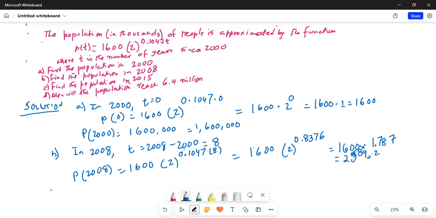So the population in 2008 is 2589.2 thousand.